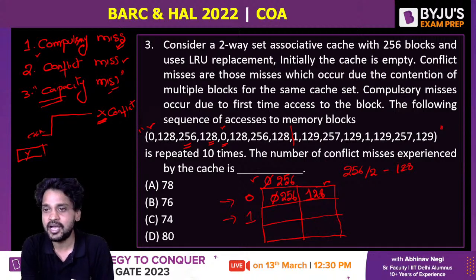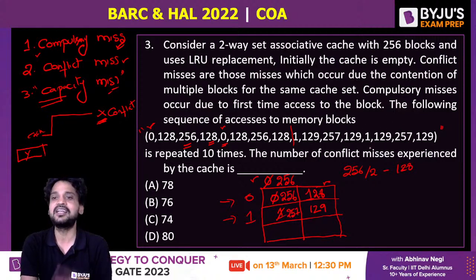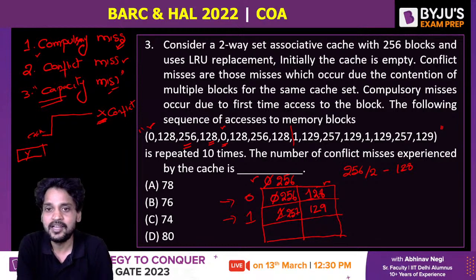Same scenario will also happen here. 1 and 129 will be here, which are compulsory misses. After which 257 is going to replace 1 here. Right after which 129 will be a hit every time, but 1 and 257 are misses. Initially, for the first time, there will be 4 conflict misses. This one will be replaced by 257.